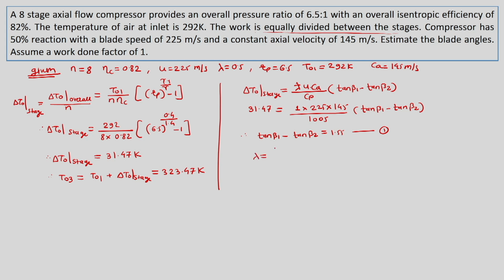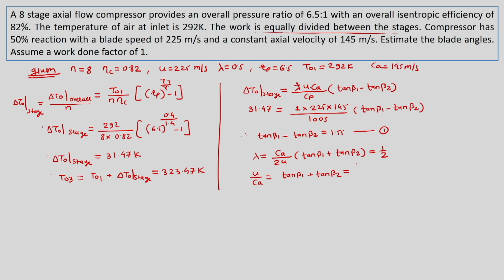Further, we can make use of the expression for degree of reaction, which is lambda is equal to Ca upon twice U into tan of beta 1 plus tan of beta 2, but we know we are working with degree of reaction half. So it turns out to be U upon Ca is equal to tan of beta 1 plus tan of beta 2.